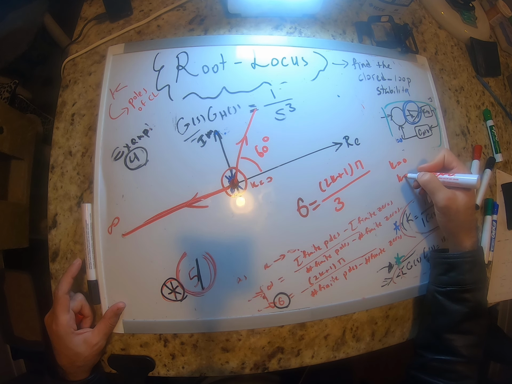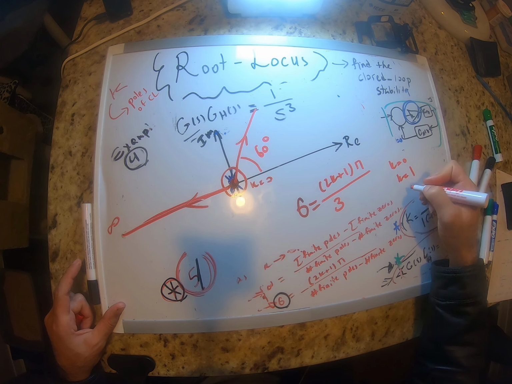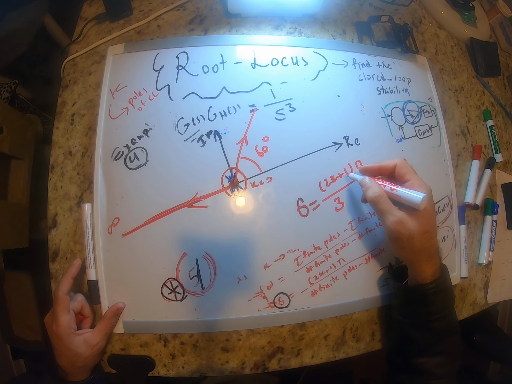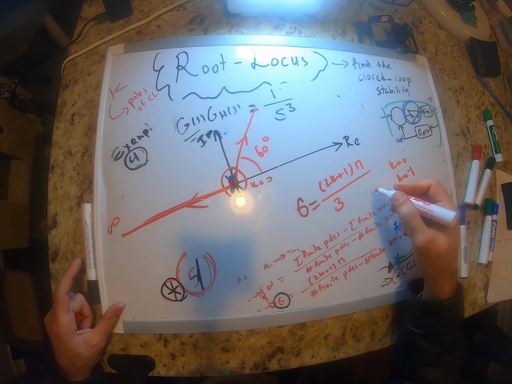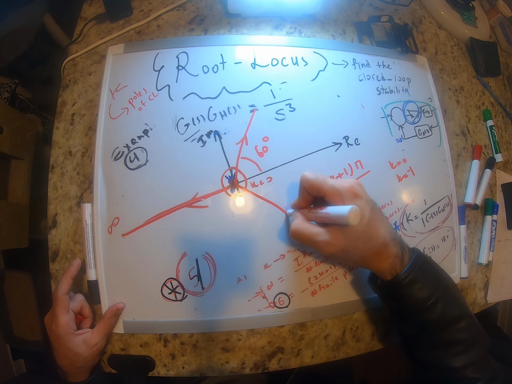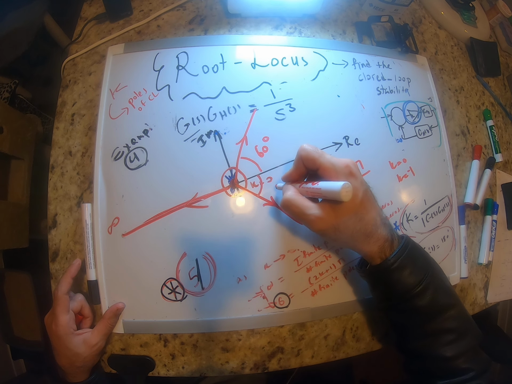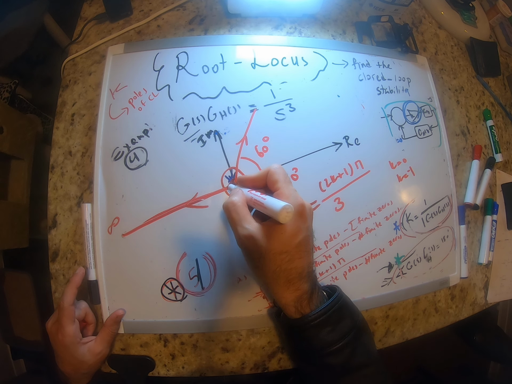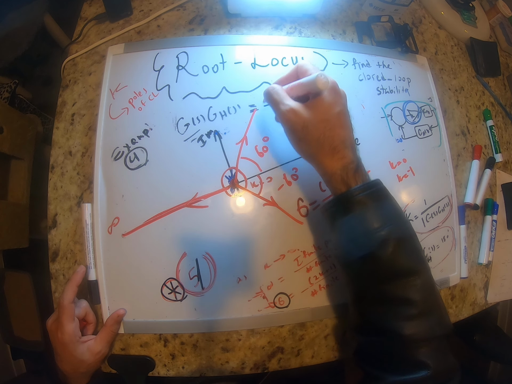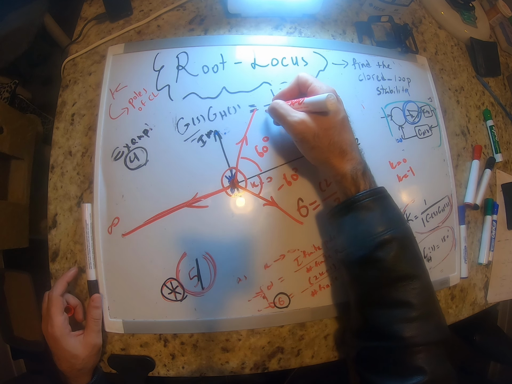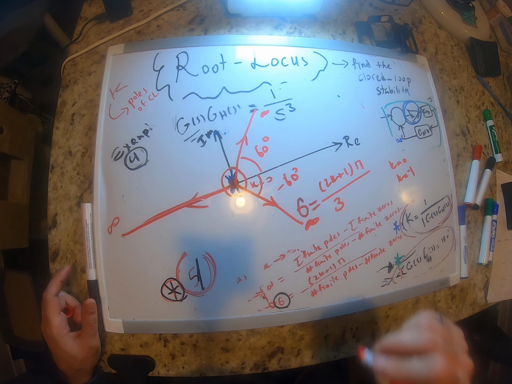I can put k equal to 1 or negative 1 here. Let's just put negative 1, it doesn't matter. Then theta becomes negative pi over 3. So the other branch is like this, negative 60 degrees. So one pole moves like this, the other pole moves like this, the other pole moves like this, towards infinity.